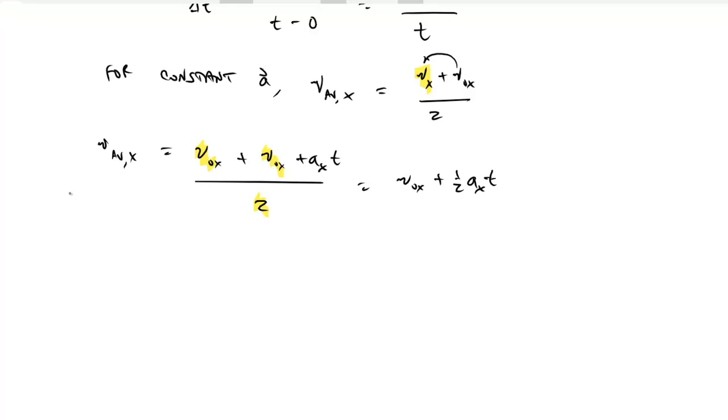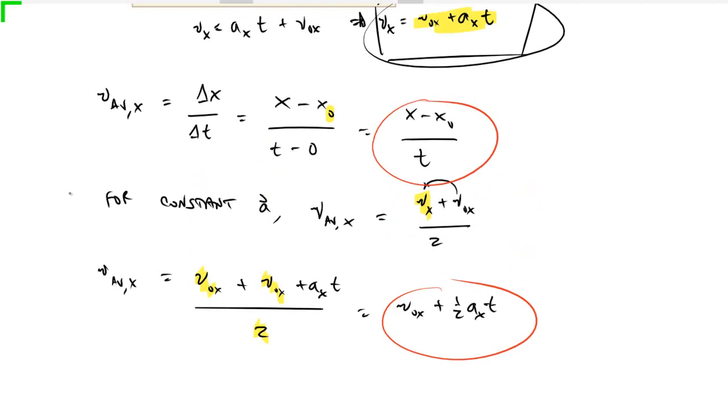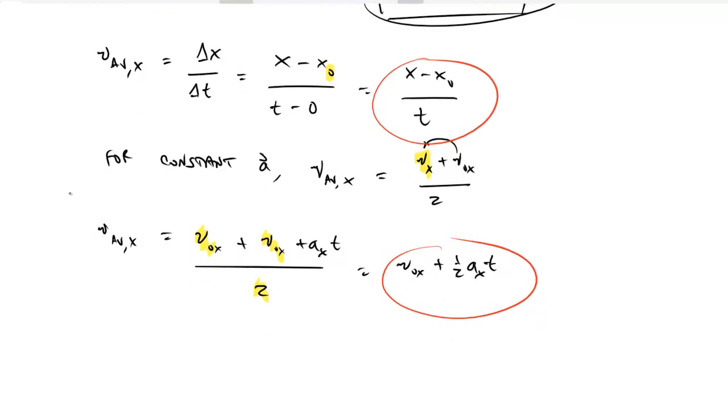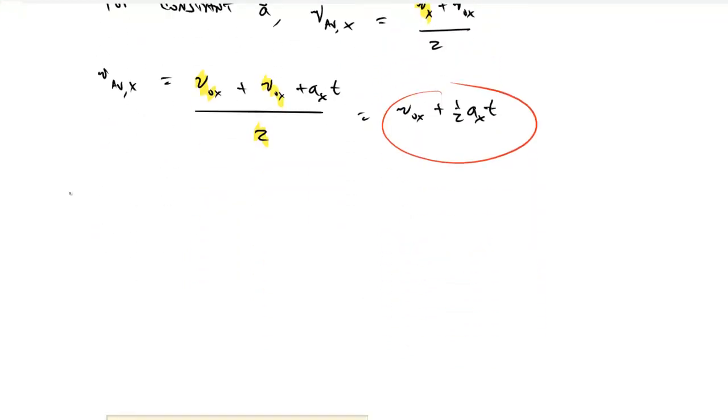So for average velocity in the x direction, we have this, but it's also equal to this. So we can put these together and talk about how displacement varies with acceleration and time and starting velocity. Setting these equal to each other, we have x minus x naught over t is equal to v naught x plus 1/2 a x t.